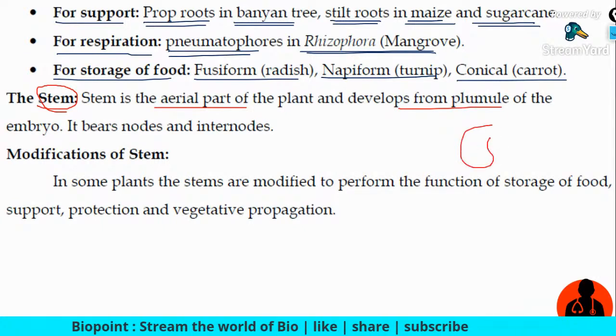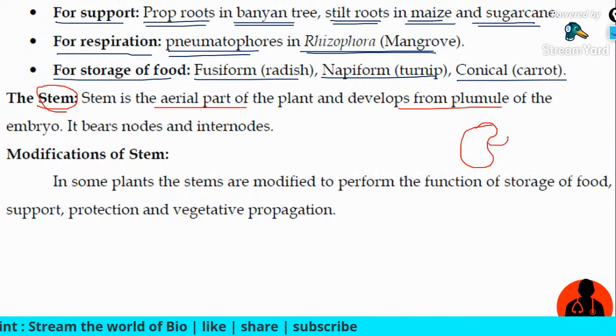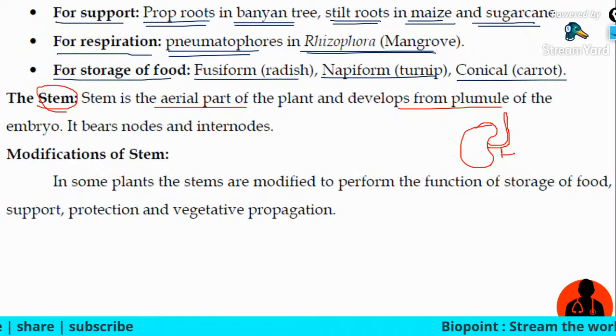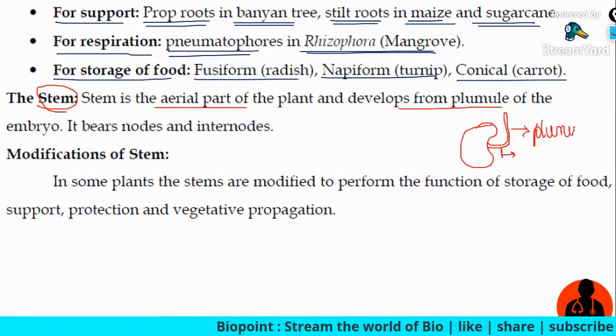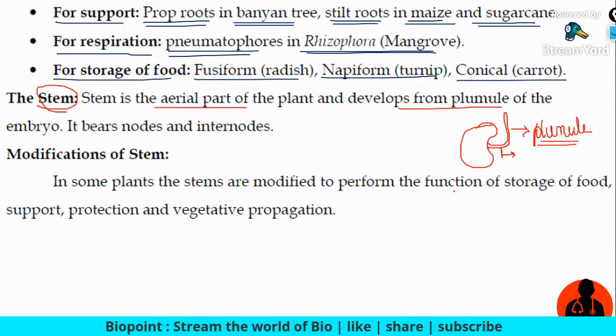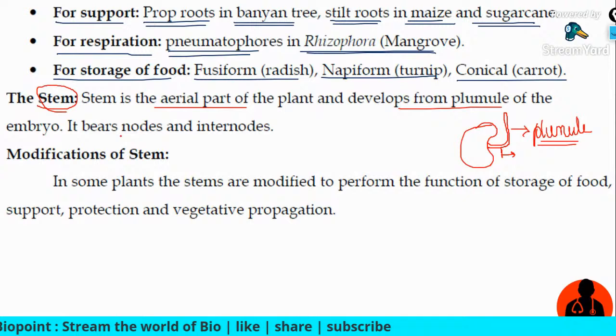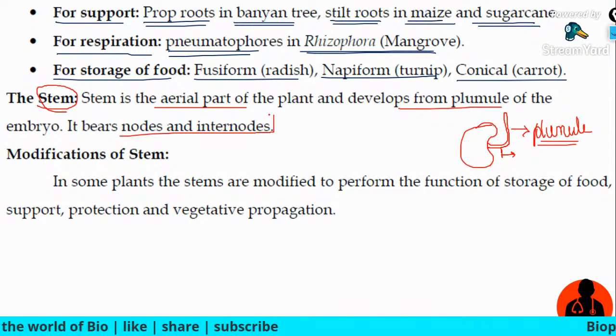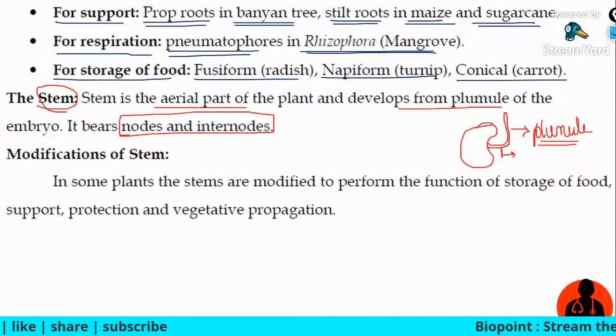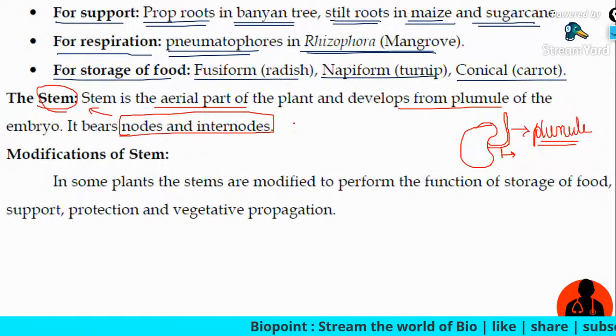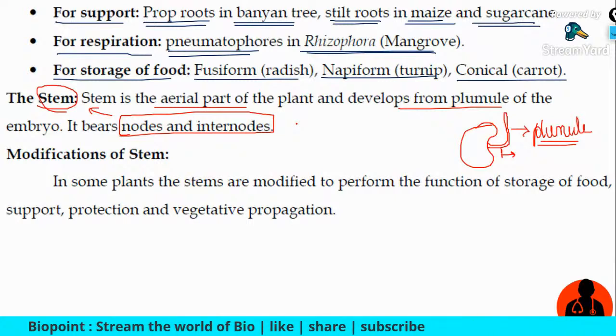So we studied the roots and the seeds. The lower structure growing below is the radicle. The structure growing upward is the plumule, which helps in the shoot formation. It bears nodes and internodes. Roots can also store food, support, and perform respiration, right everyone?